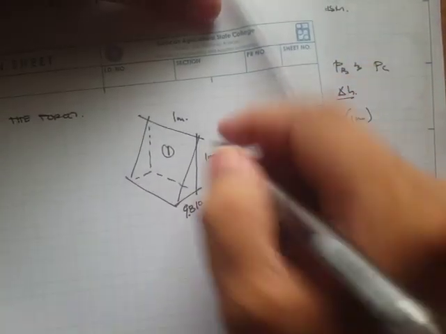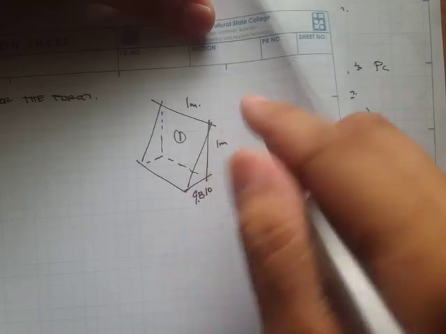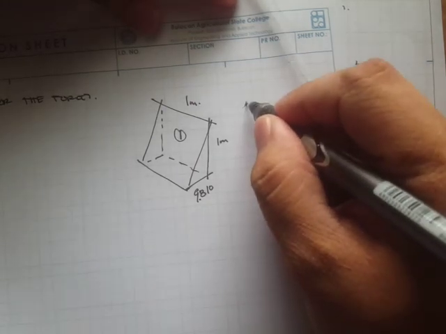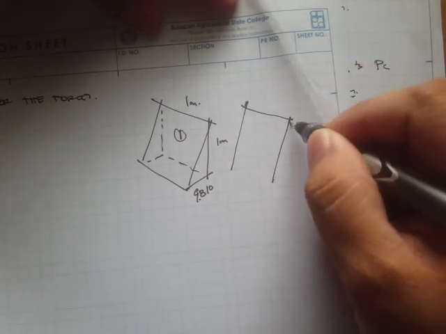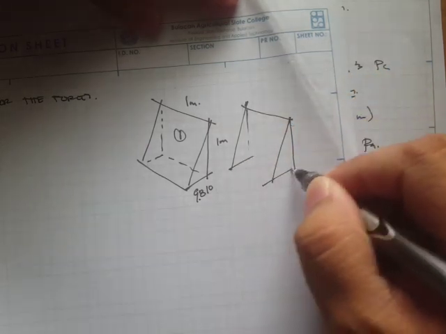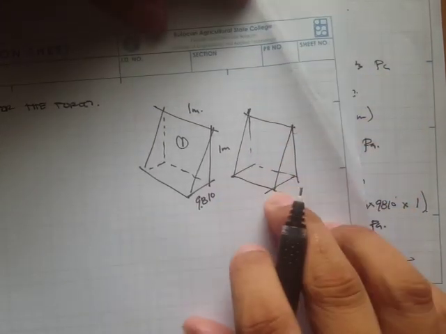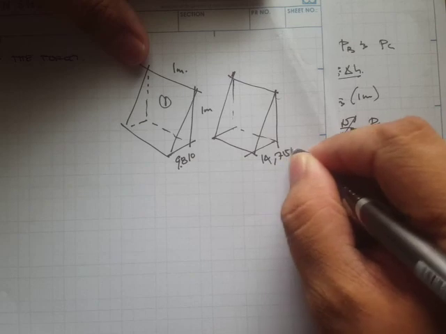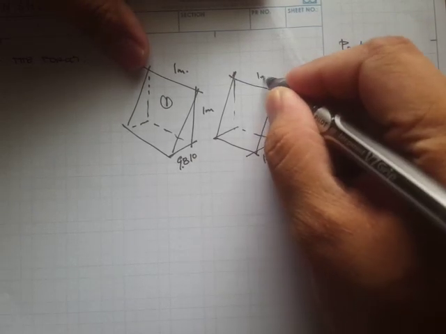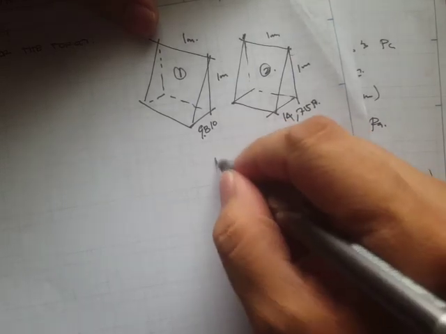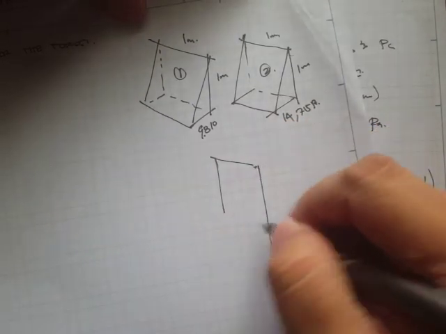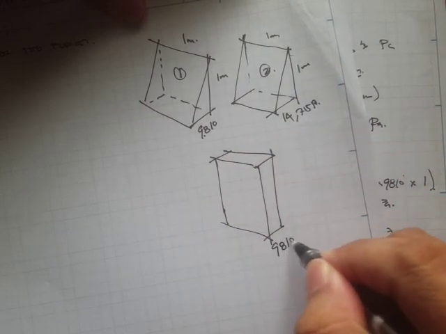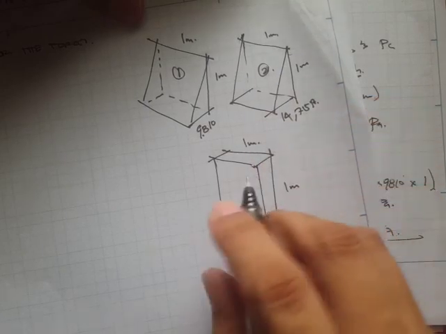Now for the pressure at prism number 2, this one is 14,750, and this one is 1 meter, this one is 1 meter as well. And for prism number 3, we have a rectangular prism, and this is 9,810, this is 1 meter, and this one is also 1 meter.